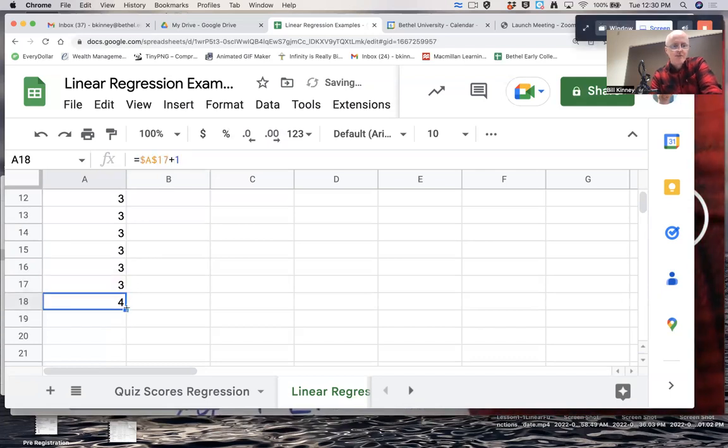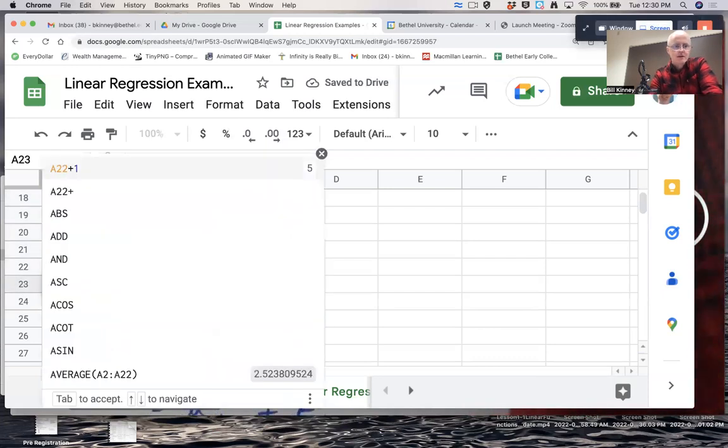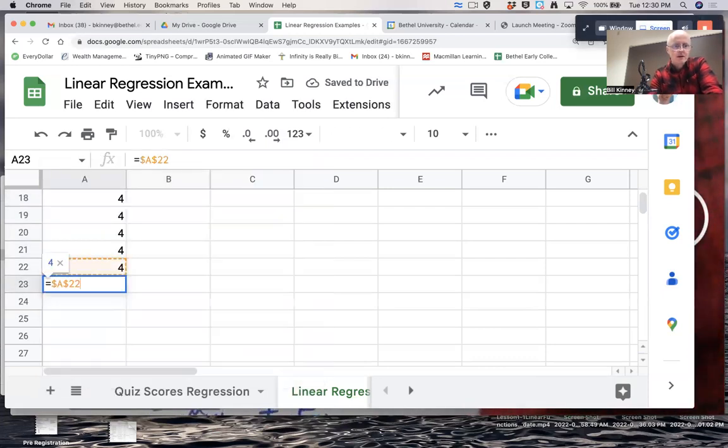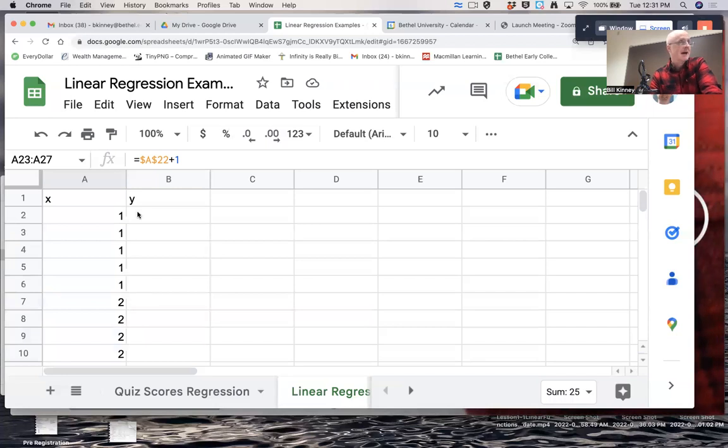How about we get 5 4s and also 5 5s? In the ideal world, when you are using linear regression, you do have a lot of data, and some of the data, the X values, repeat. That's kind of the ideal theoretical world for linear regression. Doesn't always happen in practice.